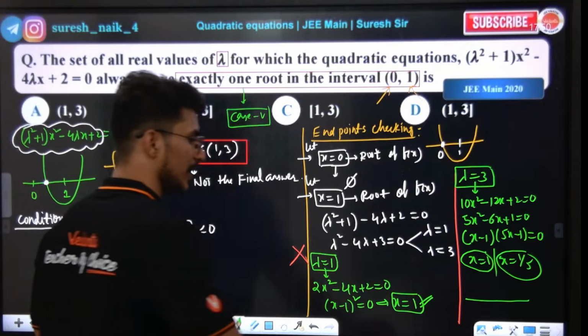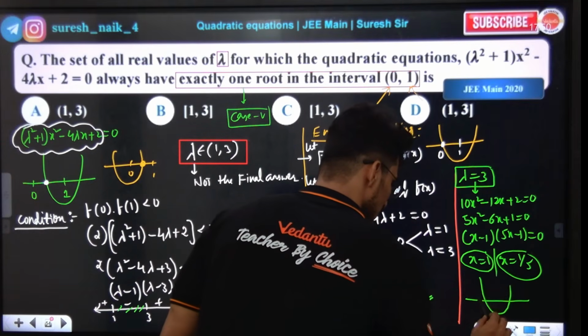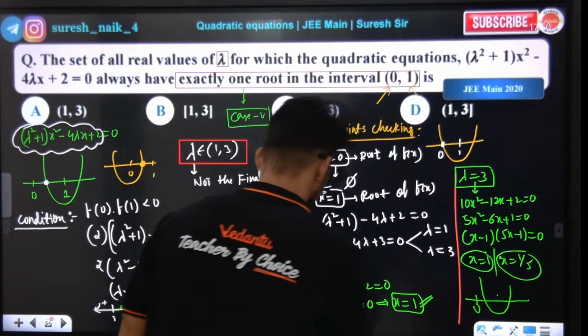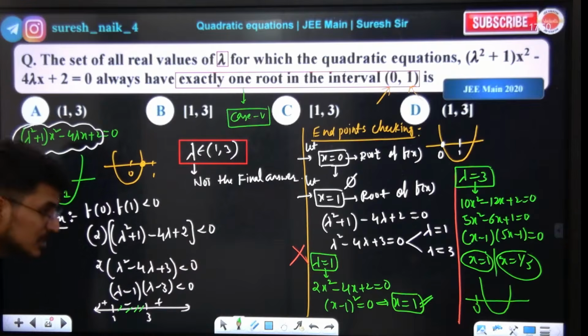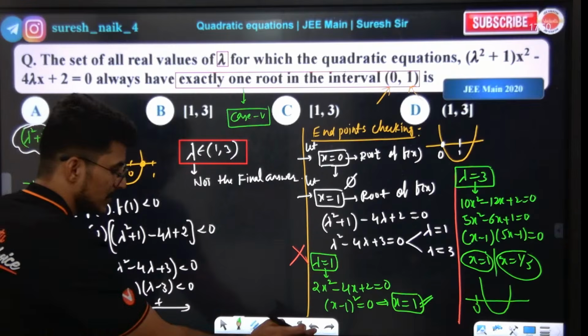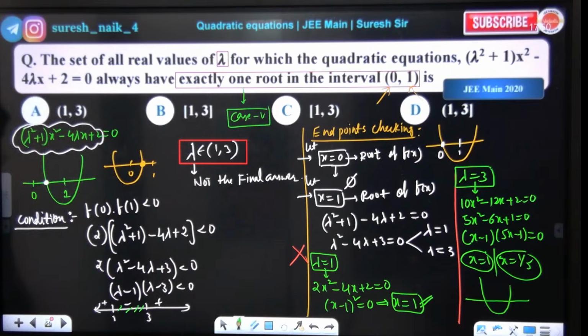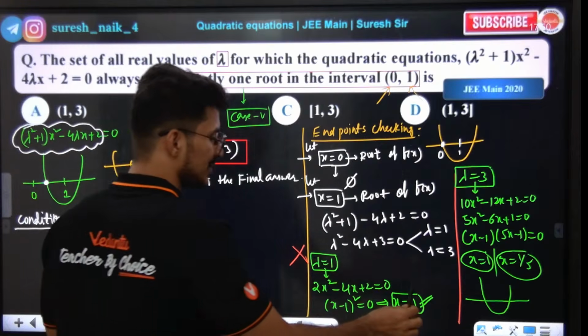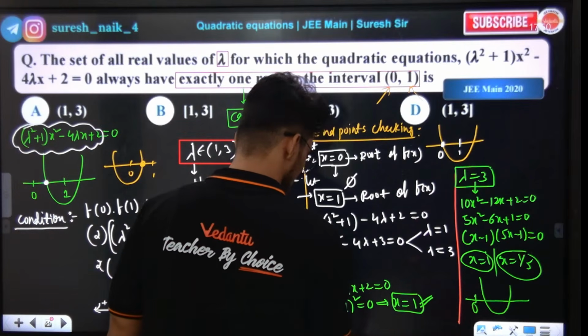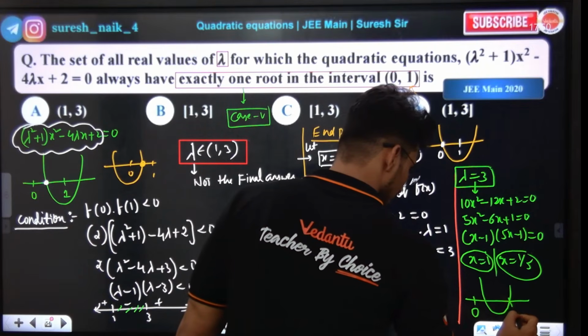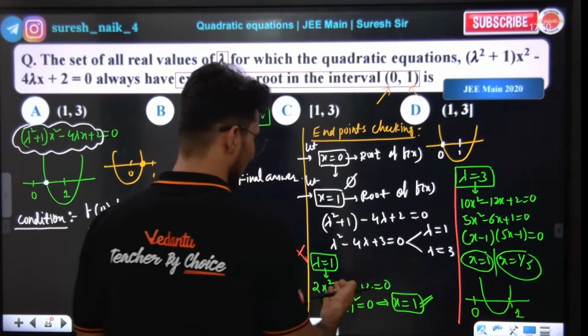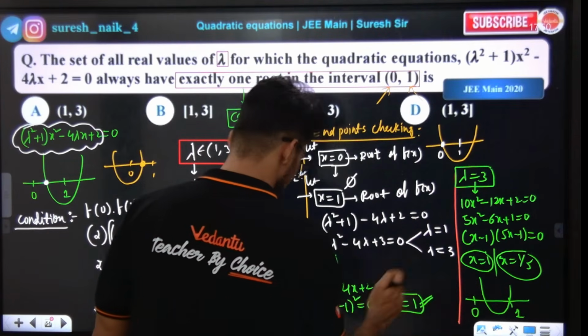Exactly one root, look, 0 is here, this is 0, this is 1. How will the graph be? 0 and 1, and 1 by 5. x is equal to 1 is a root, which means that is a root.